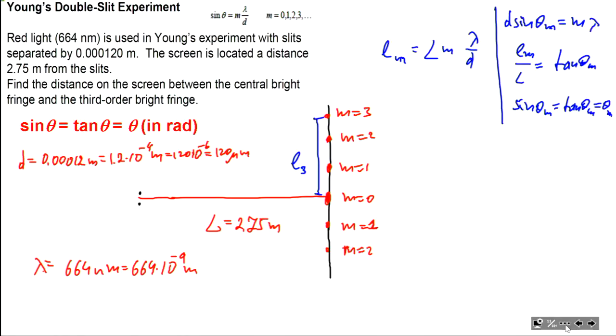So all we have to do now is just use this expression for the third maximum, times 3, times, well, okay, if we use meters, that's it. Please tell me your answer.